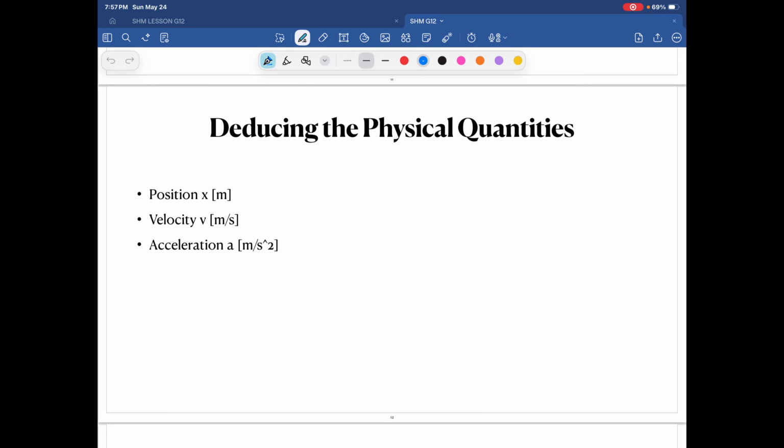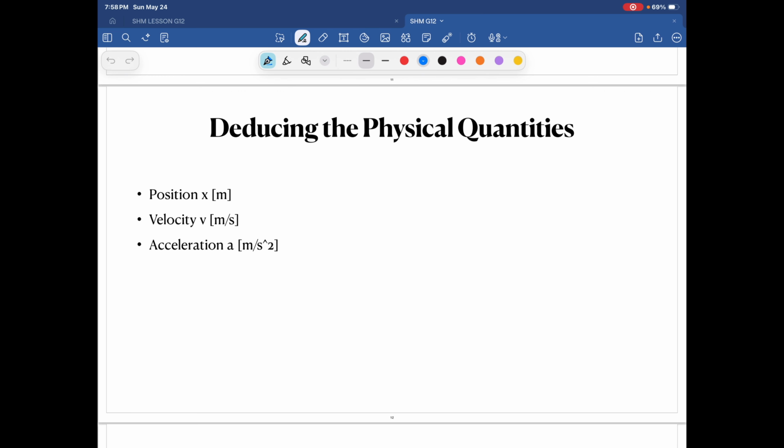Now we are going to deduce from what we have calculated the physical quantities that matter to us during the measurement of any motion. So what are those physical quantities? If you drive a car and you want to understand the quantities that matter to the car, that would be where is the car, how fast is the car moving, and the acceleration of the car.